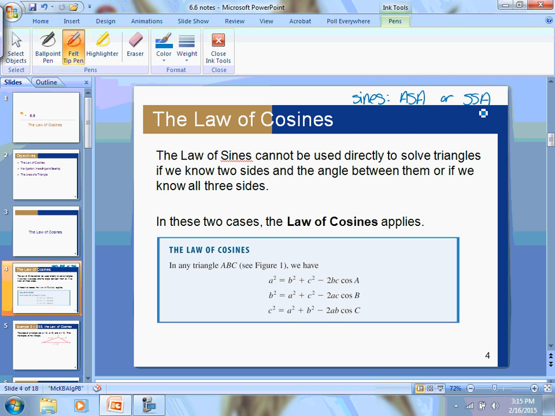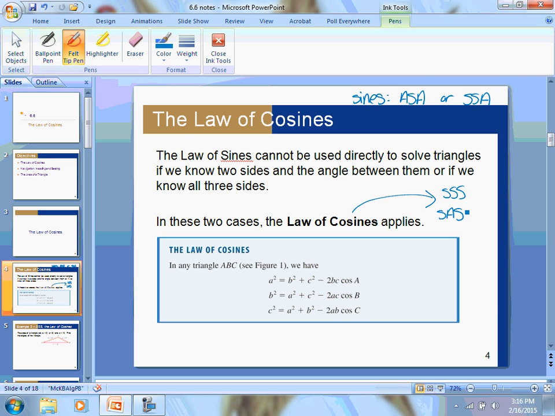And remember, the side side angle, that was the ambiguous case. Now for law of cosines, you're going to have the other two setups where you know all three sides, which is side, side, side, or where you know two sides and an angle, a side, angle, side. So when we have those two cases, that's when we're going to do the law of cosines.